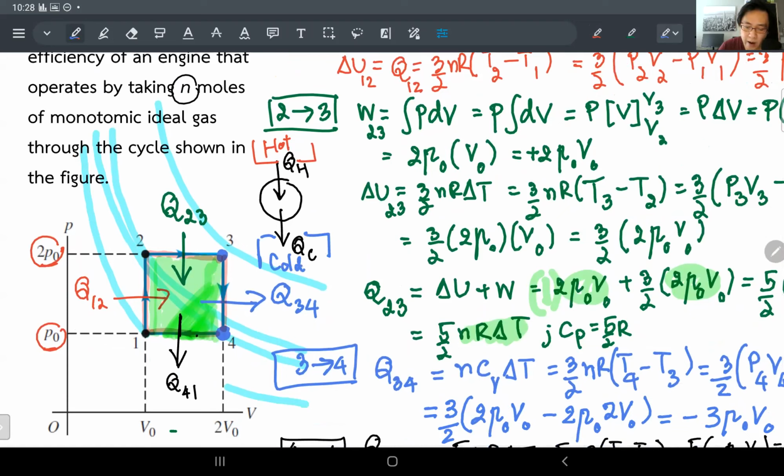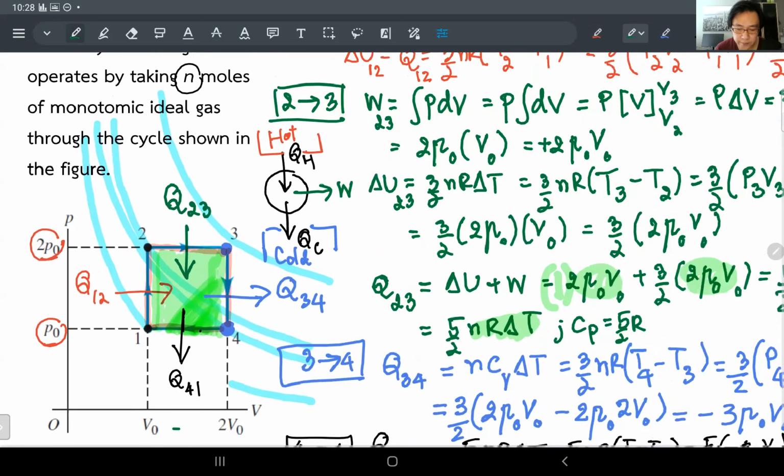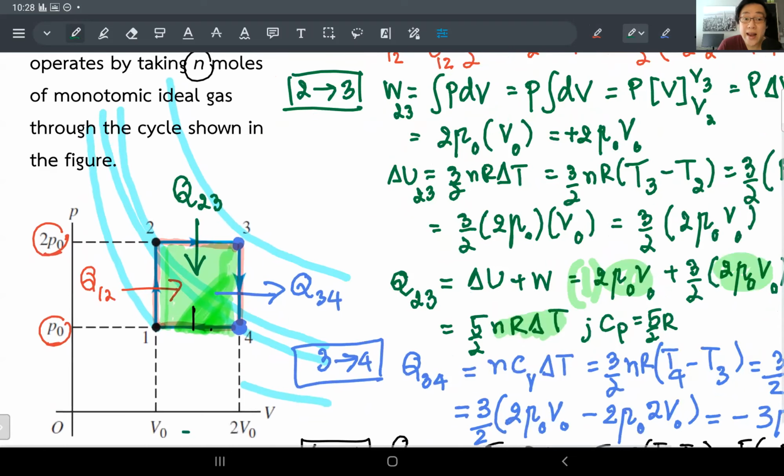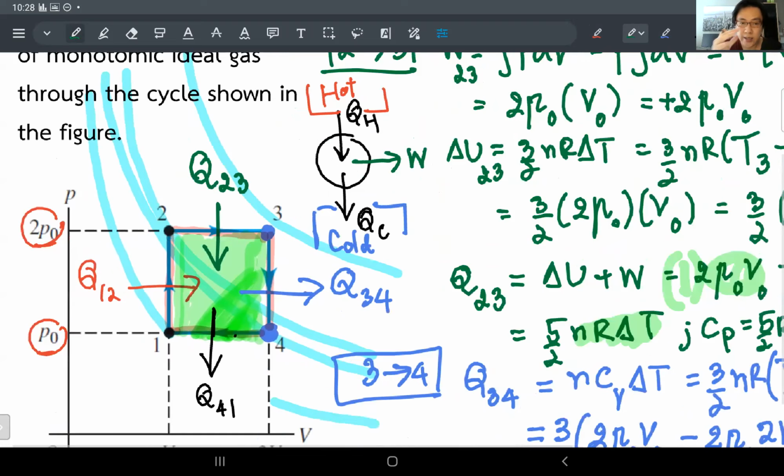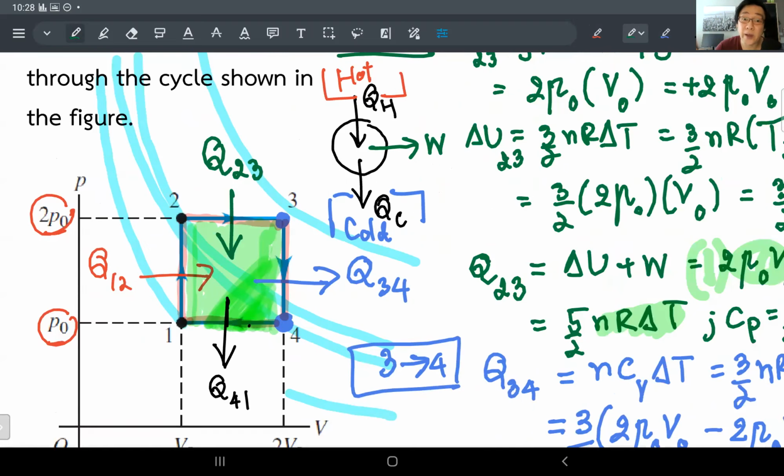And what you really care about is that you want to redirect part of the energy to generate something useful. That is your work done by the engine. Do you see the similarity between these two here? Let me zoom in. See that? All right, so in the main diagram, you can see that there are two segments where heat flows into the engine and two segments where heat flows out.